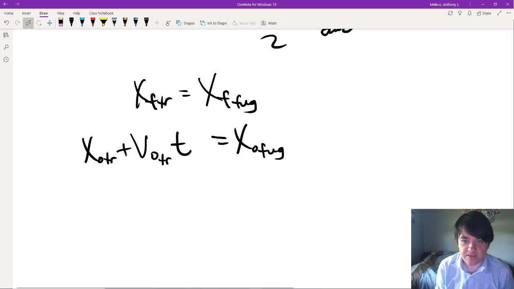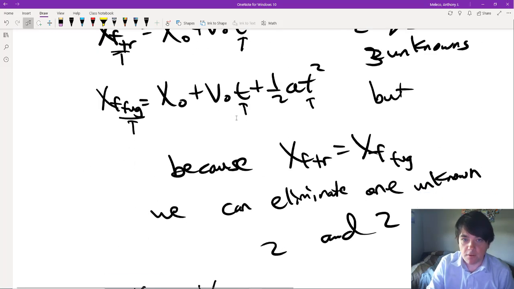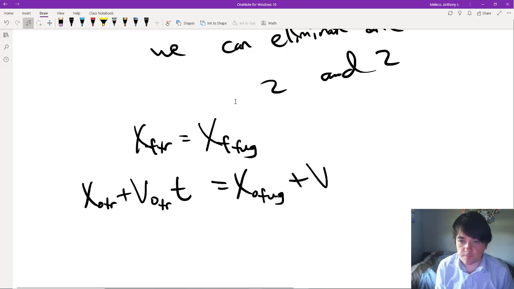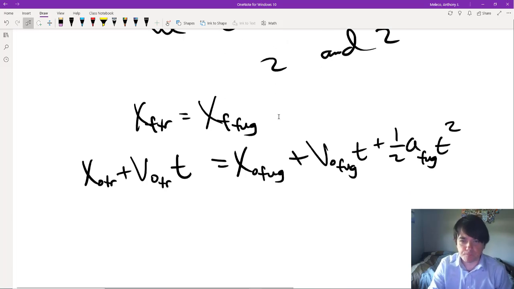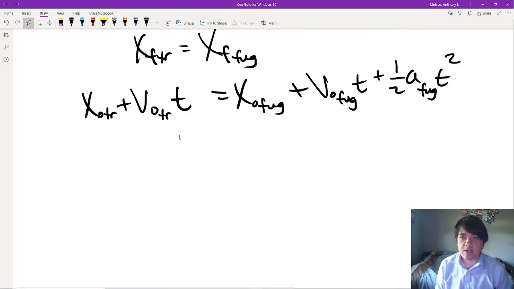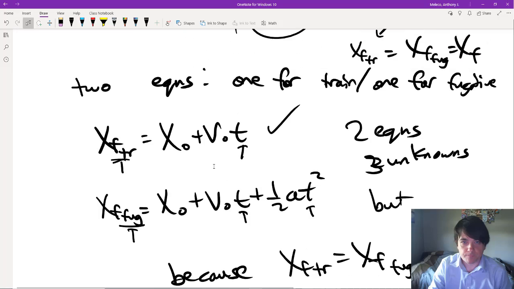And notice I'm adding subscripts on everything, just so there's no ambiguity. Now, all we need to solve for is time.